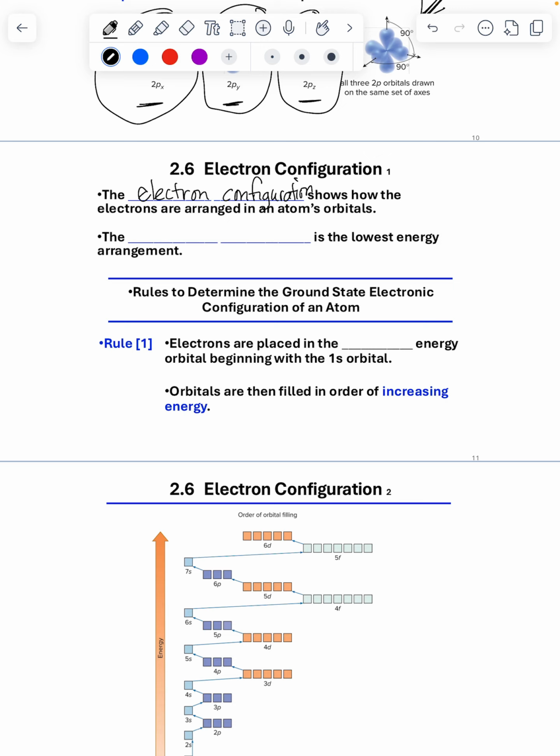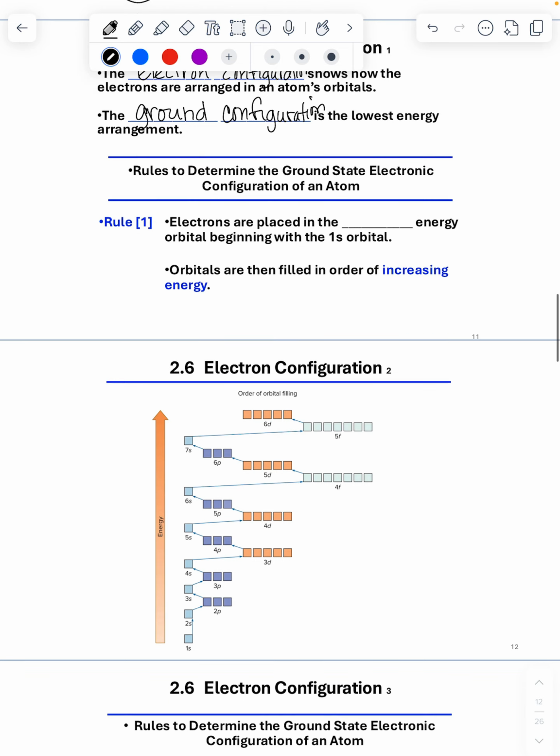So it is an address that tells where every electron is within the atom. We have something called a ground state configuration, and that's what we will draw mostly. This is the lowest energy arrangement, like the normal arrangement. And there are some rules that go along with writing electron configuration, so let's go over these rules.